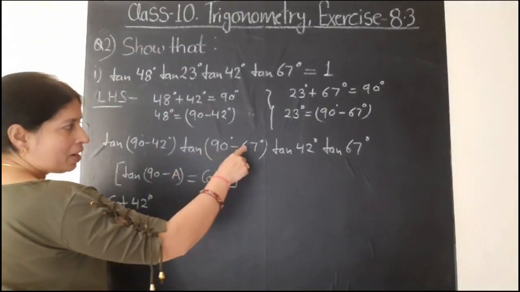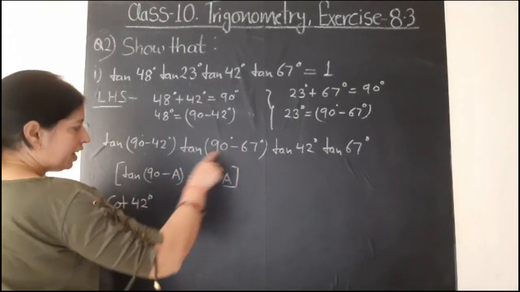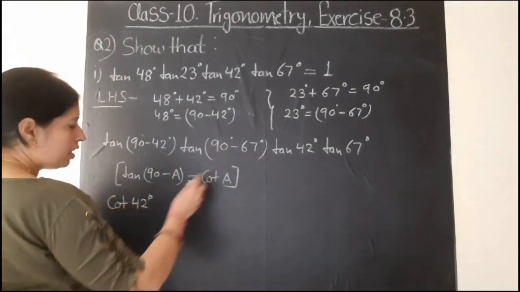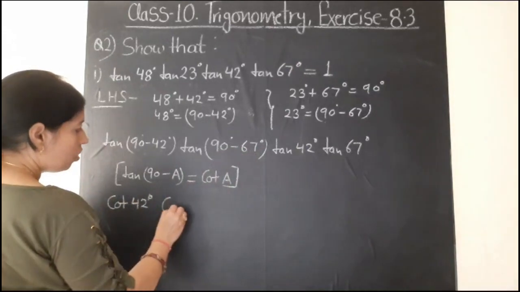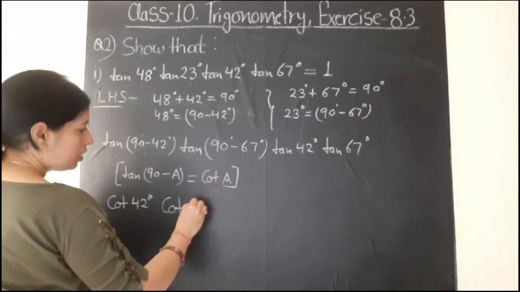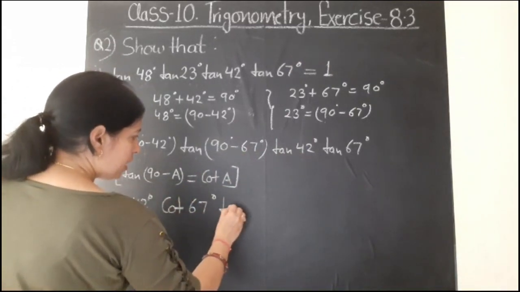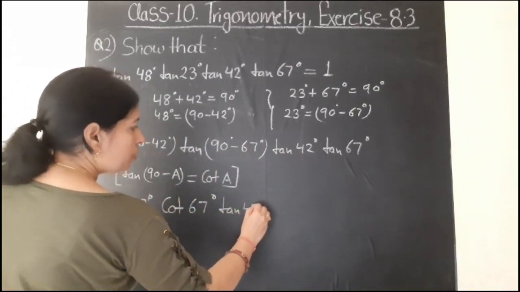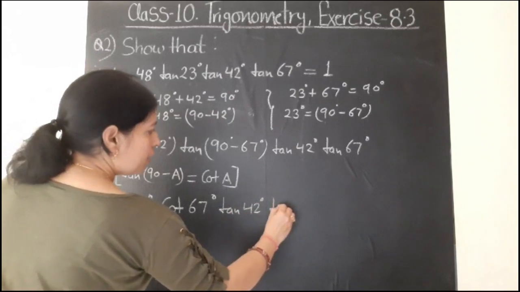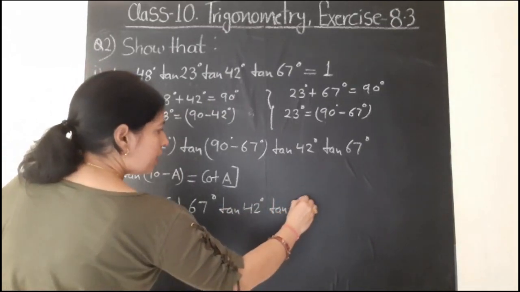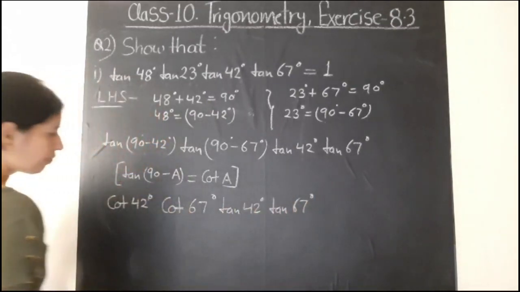Here tan 90 minus 67. In place of A, here it is 67 degree. So you can write cot 67 degree. And write this one as it is, tan 42 degree into tan 67 degree.